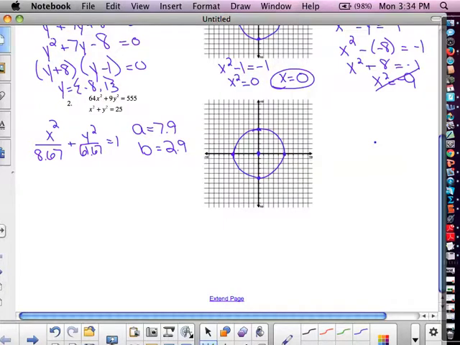Remember, when the largest value, A, is under the y, that means its principal axis is parallel to the y-axis. So now I know I have vertices at 0 on the y-axis, and then I'm going to go up 7.9 and down 7.9. So I have a vertex here at 0, 7.9, and another one at 0, -7.9.